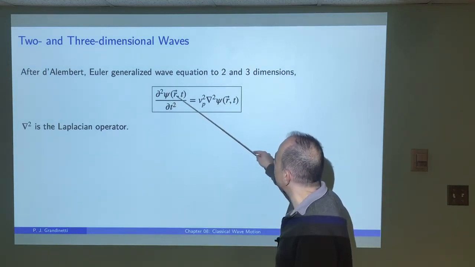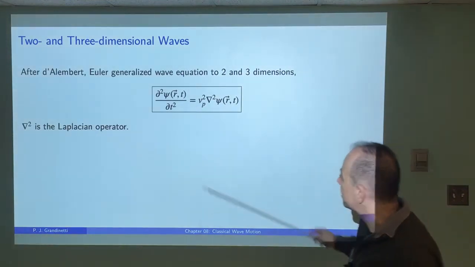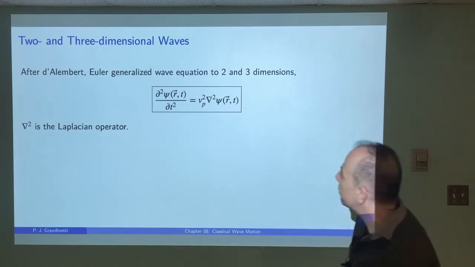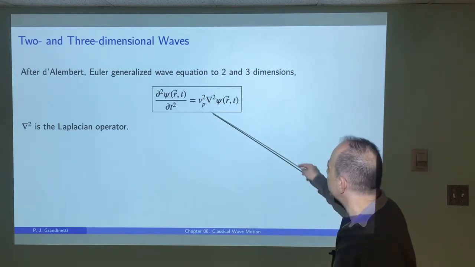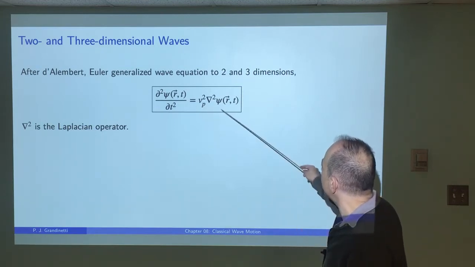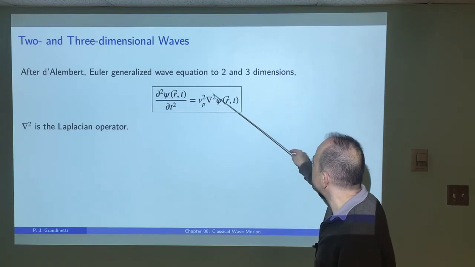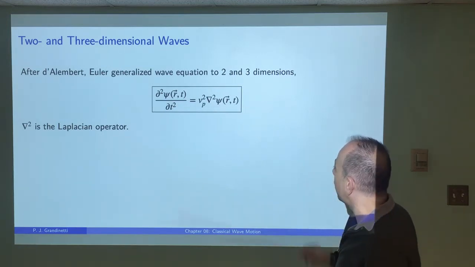So psi is going to be a function of position, which is now a vector quantity in 2 and 3 dimensions, and also time here. And so we see on the left-hand side, there's the second partial derivative with respect to time, and then it's equal to Vp squared times this thing which is called the Laplacian operator, which is this nabla symbol squared, operating on our wave function.